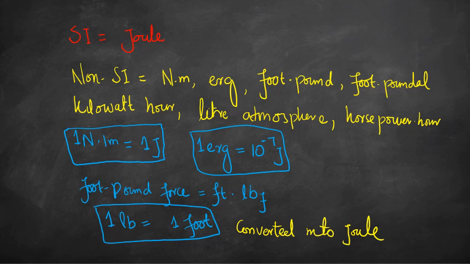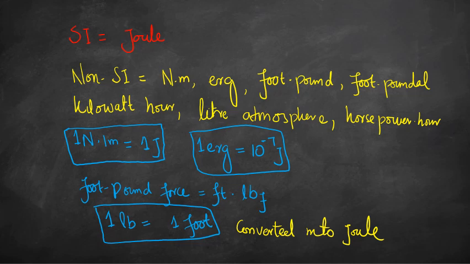Similarly, a kilowatt hour is 1000 watts per hour. A liter atmosphere is a liter in atmosphere, and a horsepower hour means power in hours. So basically we can convert them into joules and correlate them.